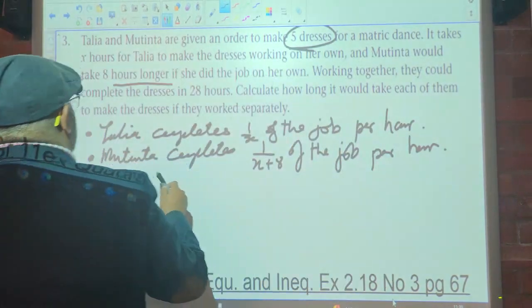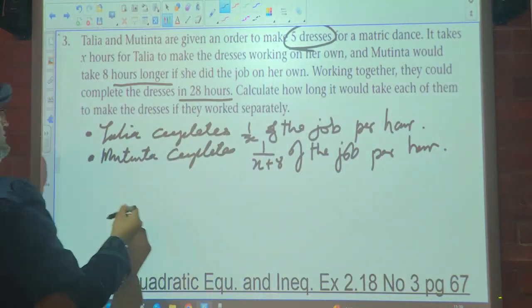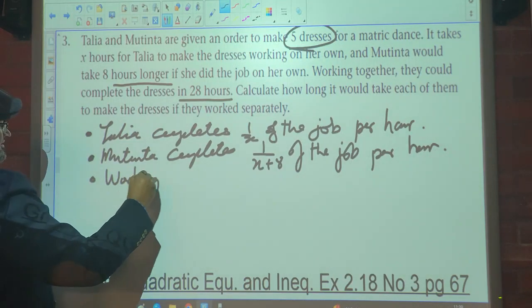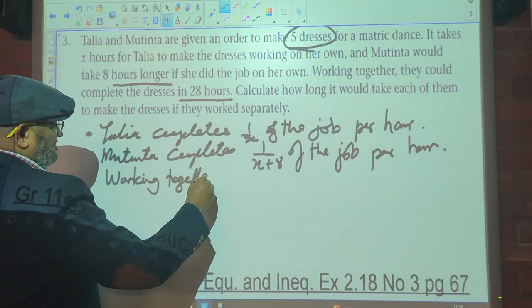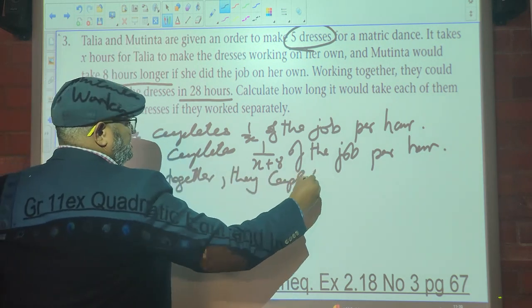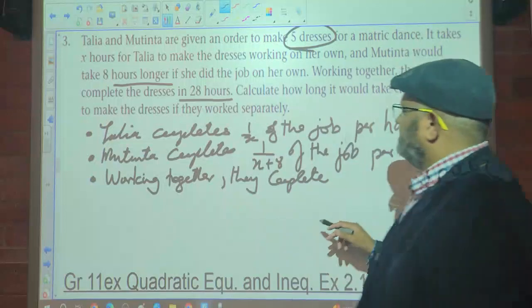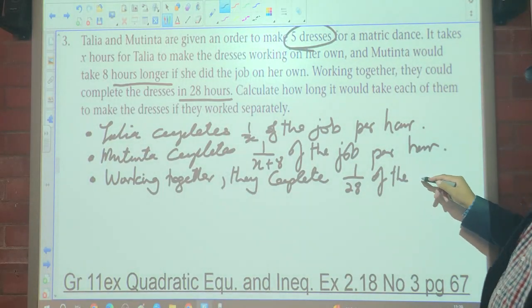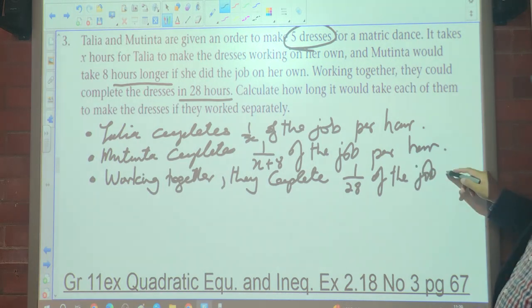Working together, they could complete the dresses in 28 hours. Working together, they complete what? 1 over 28 of the job per hour.